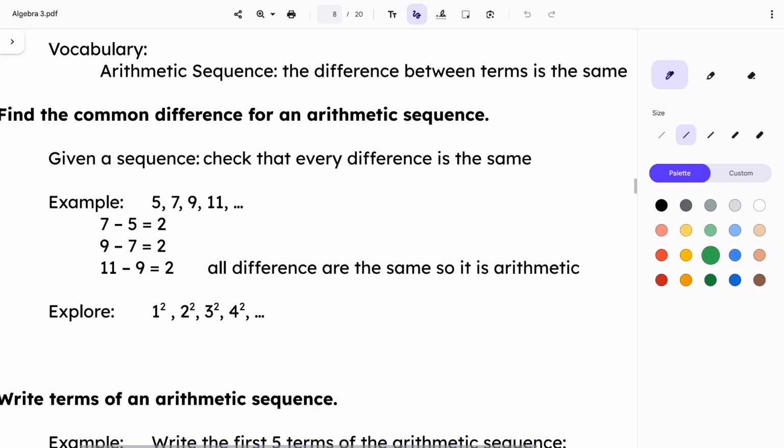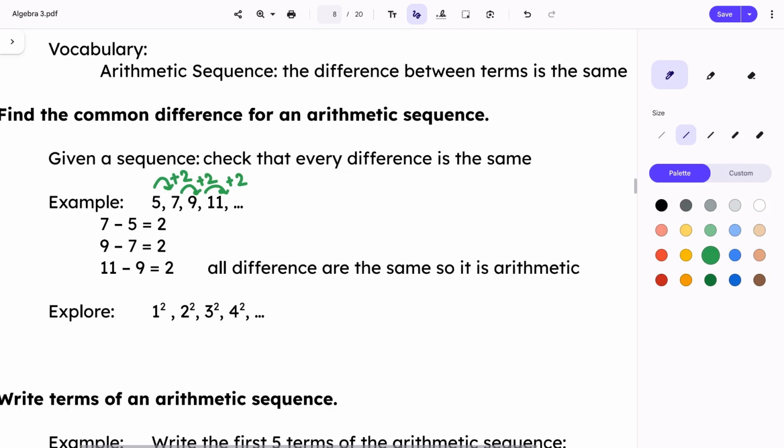The best way to do that is to either just think about subtracting, like the second term minus the first term, and then the third term minus the second, and we keep going up in that pattern. Or if you can work with it mentally, you could just think, what are they adding by each time? Some of you might be able to see each time it goes up by 2 between each term. So that would be another way to tell if it's arithmetic or not. They're just showing you with a common difference.